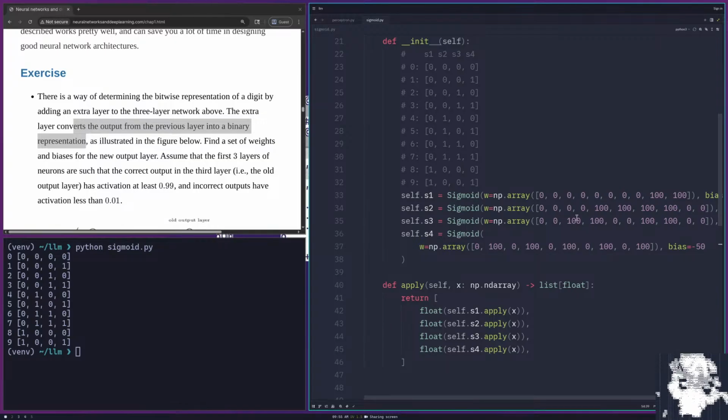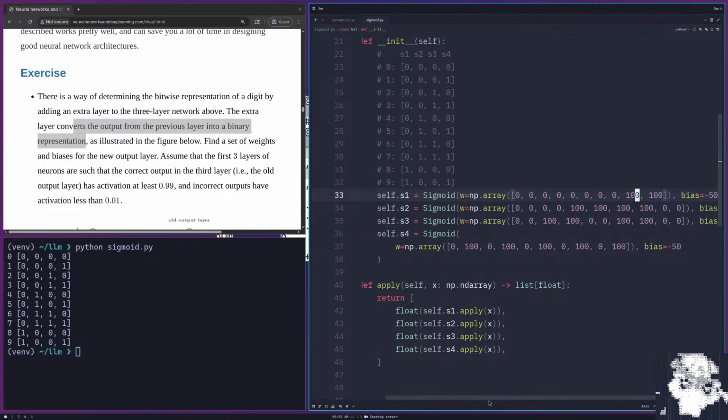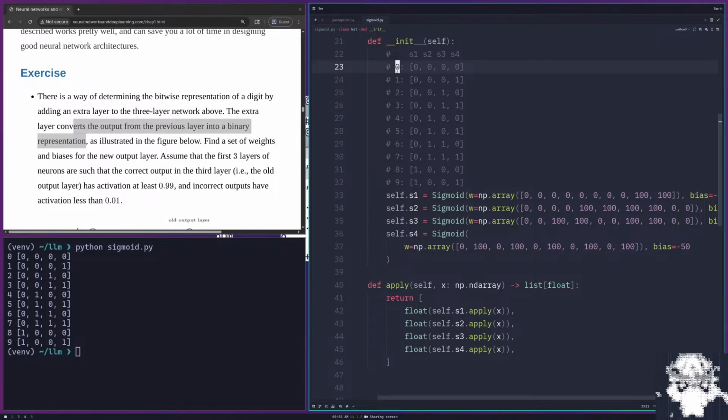You just put a big number as the weight wherever you want the neuron to output that, when the input is a 1 on that one, and you get the bias to be negative half of the weight, and this works if your inputs are 1 row per the truth table.